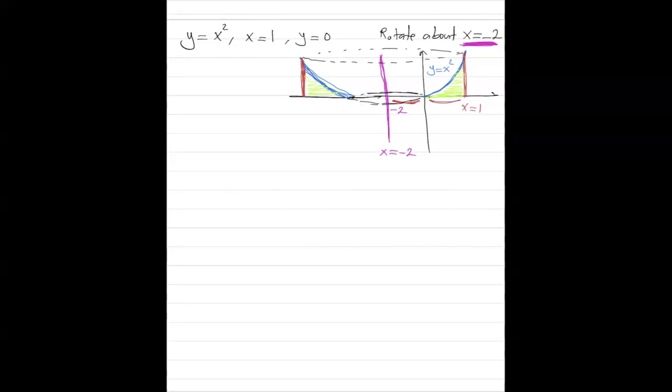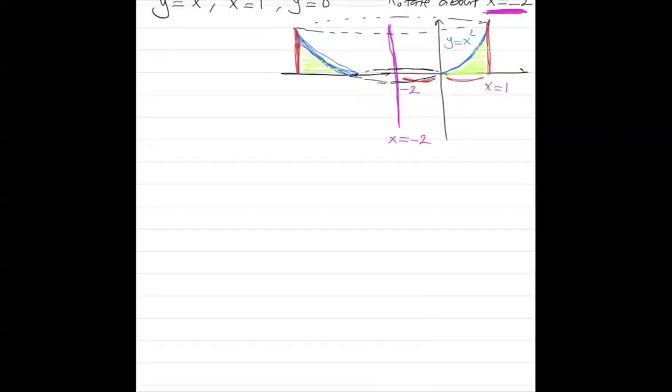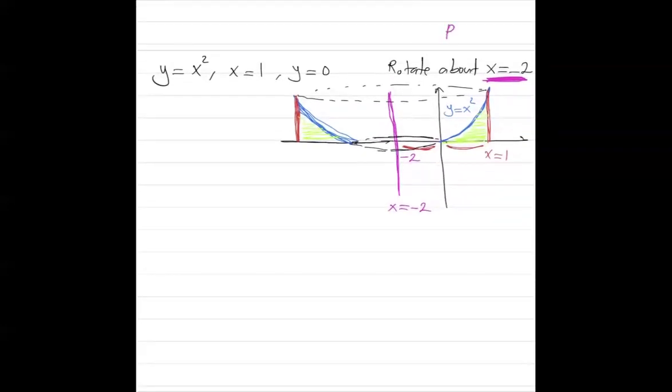So what's the cross section here? Which method do you prefer to apply here? Since this is parallel to the y-axis, if you decide to use the washer method, then you have to write everything in terms of y.